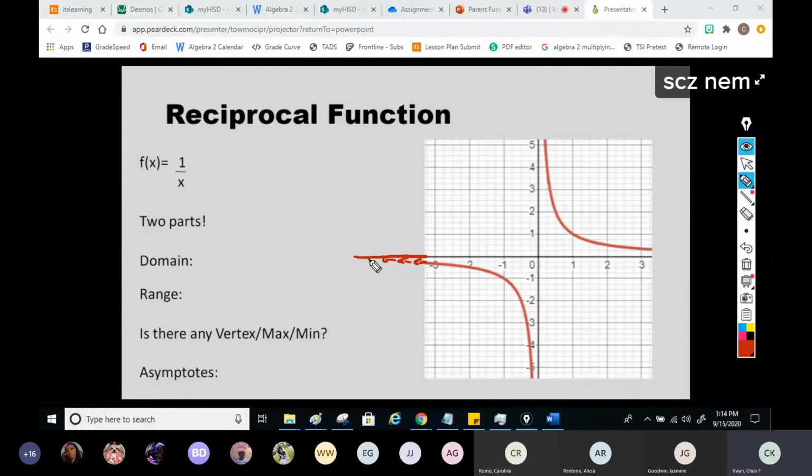It is just going to get closer and closer, but it will not ever touch the axis. That would be the asymptote. So the asymptote is the line that the graph will approach but never reach.